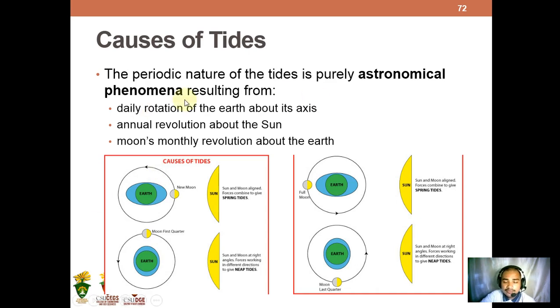The daily rotation of the earth about its axis, since earth is mag-rotate man siya, and there is also a motion of the earth as it revolves around the sun, and also the revolution of the moon around the earth, which is monthly. Kada month mahuman ang iyang revolution. So these are the reasons why there is a periodic nature of tides. That is what was stated here, that it is purely an astronomical phenomenon.